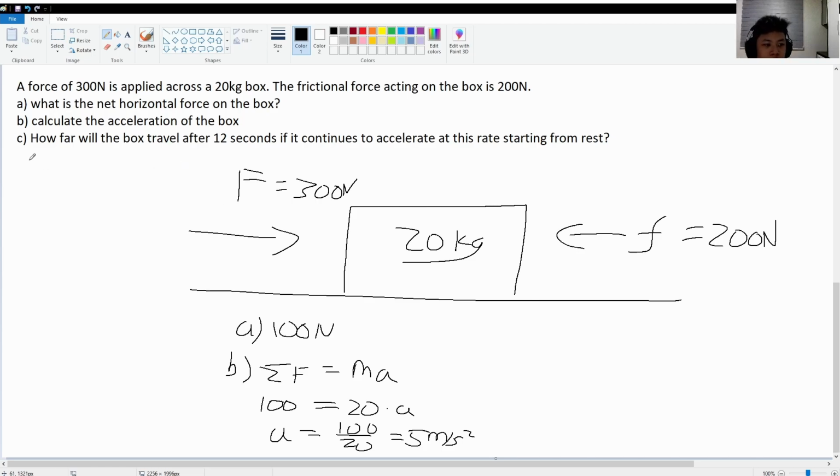Now C, how far will the box travel after 12 seconds if it continues to accelerate at this rate starting from rest? So I'm gonna delete this.